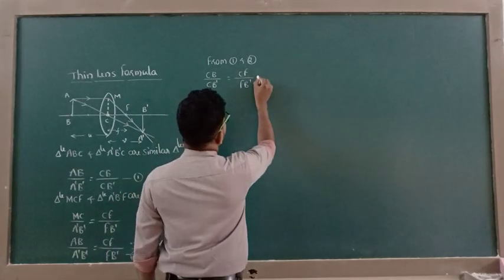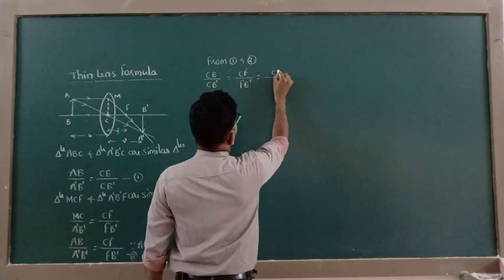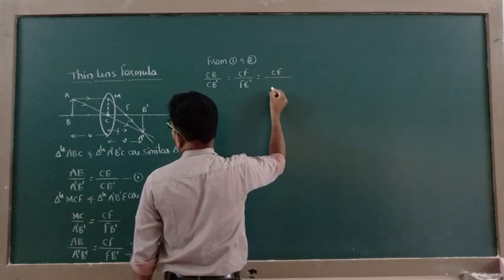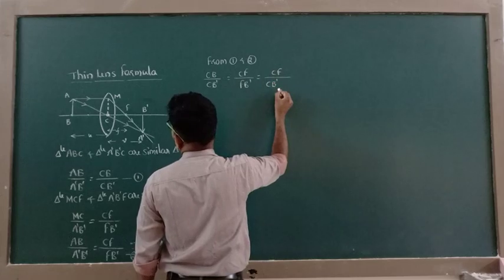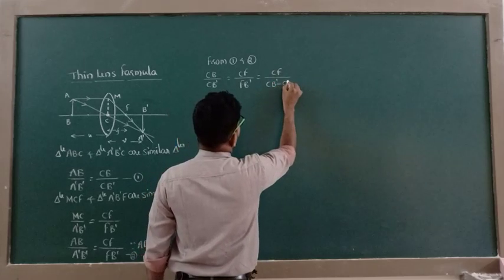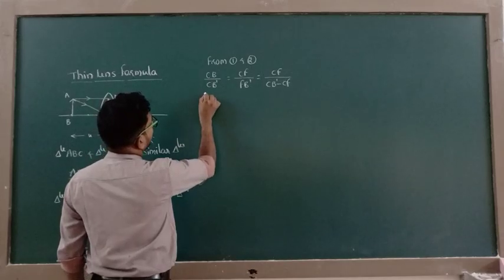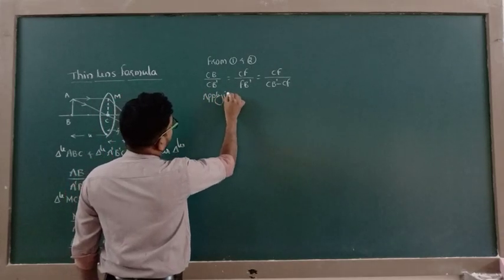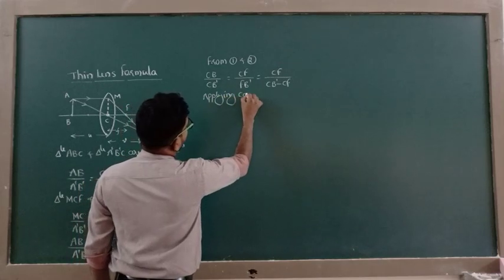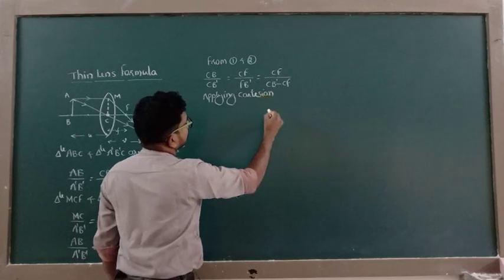Therefore, this is equal to CF divided by FB dash, that is equal to CB dash minus CF. Then applying Cartesian sign convention.